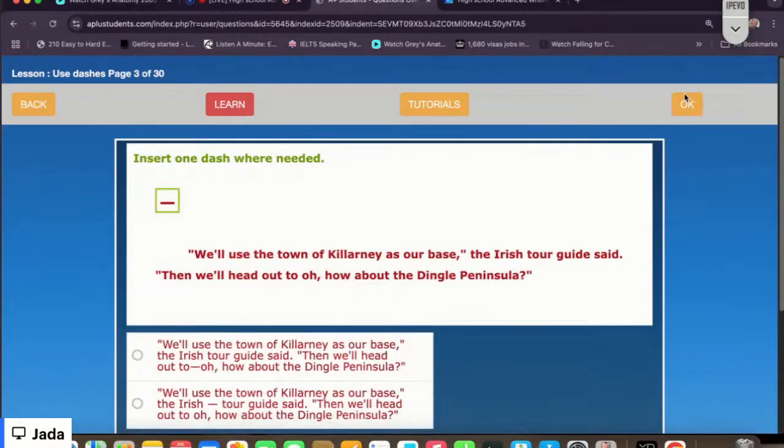Okay. So we will use the town of Killarney as our base, the Irish tour guide said, then we will head out to, oh, how about the Dingle Peninsula?